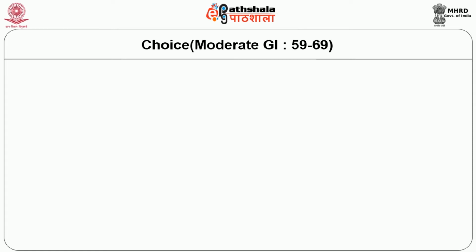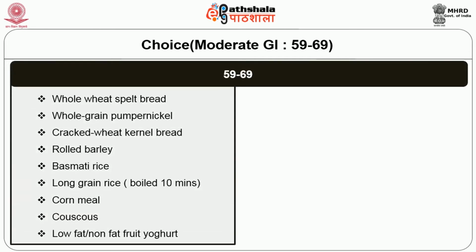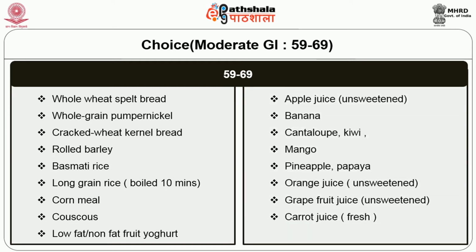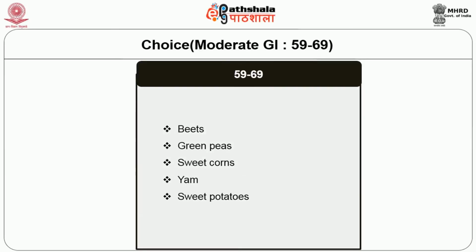Now, when we look into the list of food choices with moderate glycemic index, which is between 56 and 69, it includes whole wheat bread, whole grain breads, rolled barley, basmati rice, long grain rice, cornmeal, low fat fruit yogurts, unsweetened apple juice without any added sugars, banana at the unripe stage, mango, pineapple, papaya, unsweetened orange juice, grapefruit juice, carrot juice, beets, green peas, sweet corn, yam, and sweet potatoes, which all come under the category of moderate GI foods.